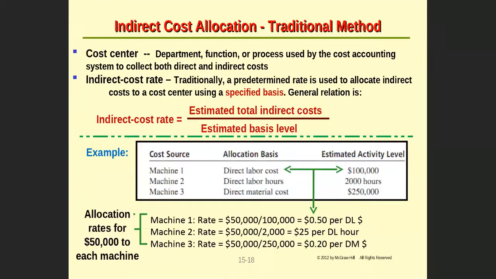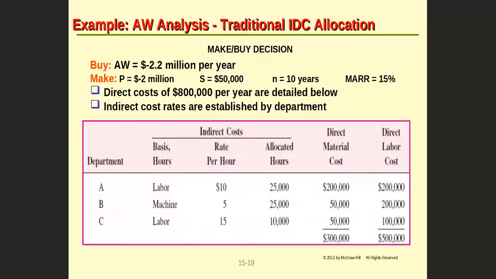So you have this part already found, and you have the cost itself, or the basis itself, and you need to find the total indirect cost. This table shows both the direct cost and the indirect cost.